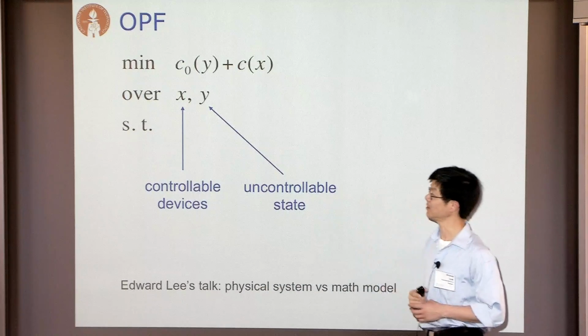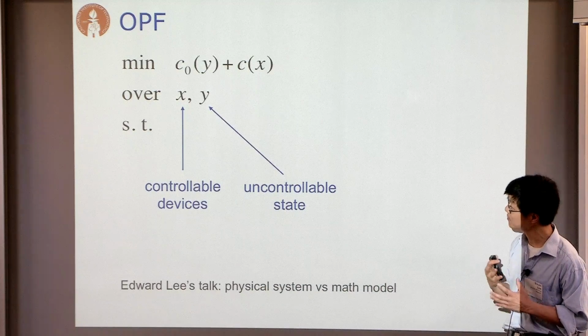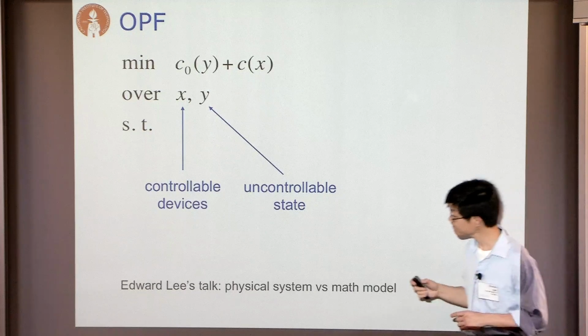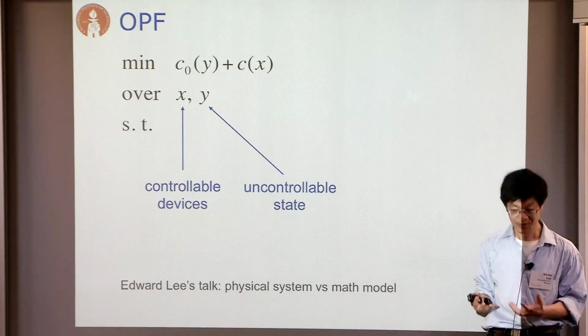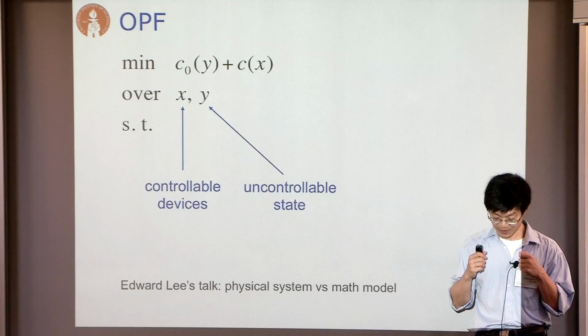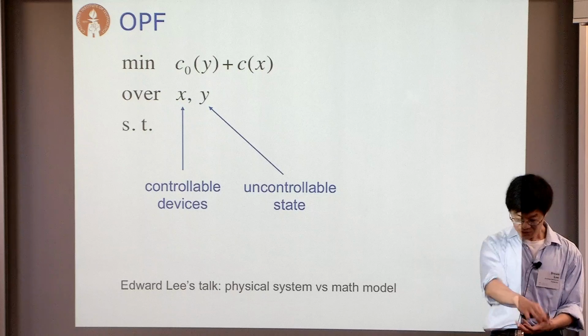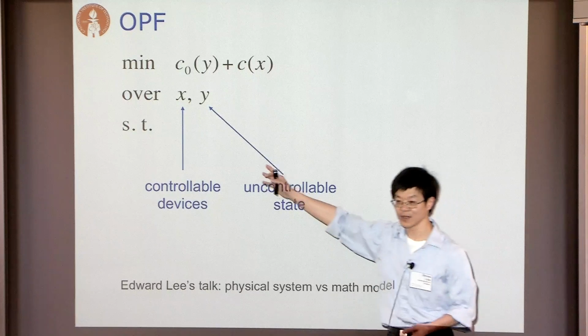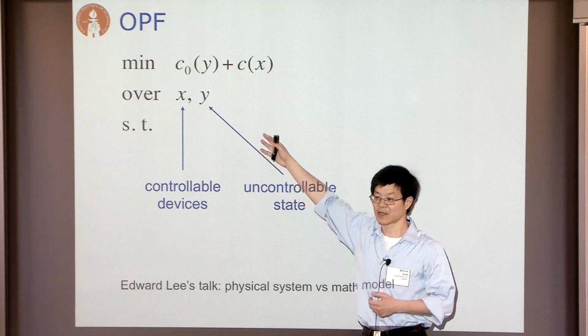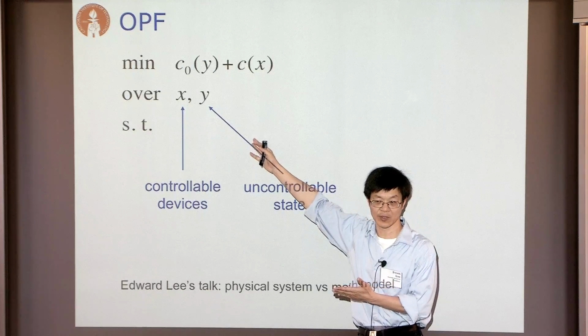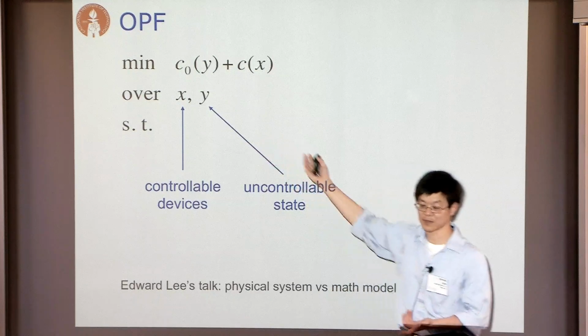So now we're looking at the modeling part. And therefore, the only thing we can do when we interact with the physical network is we can only change X. The network is going to settle down in something for their Ys. Mathematically, it means that you solve the power flow equations to obtain the Y. That's what it means. Right?